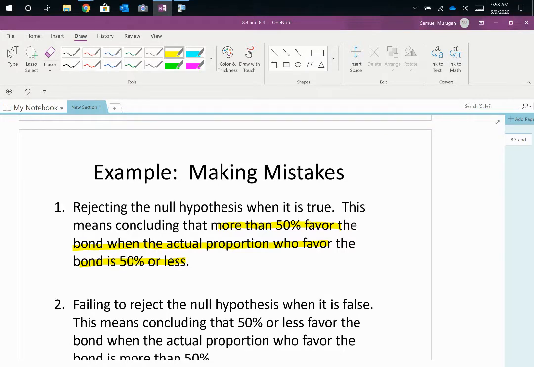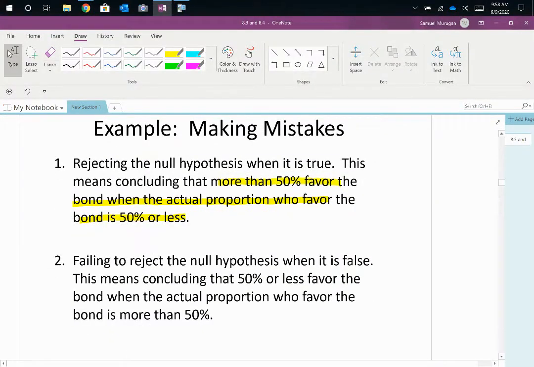And then, secondly, the second mistake is failing to reject the null hypothesis when it is false. This means concluding that 50% or less favor the bond when the actual proportion who favor the bond is more than 50%. So that illustrates mistakes that could be made.